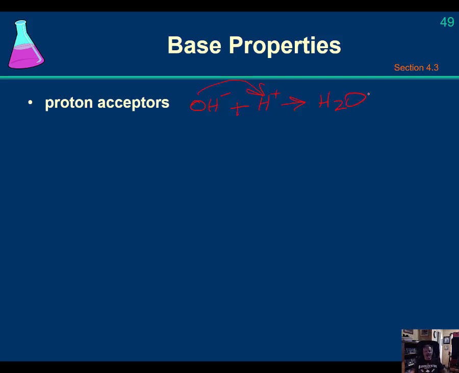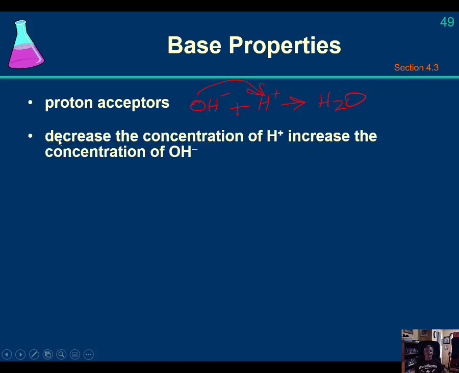It's the same reaction. It's just that now you're putting hydroxide into solution to react with the hydrogen ion. Proton acceptors decrease the concentration of hydrogen ion by increasing the concentration of hydroxide ion and reacting with hydrogen ion to form water. They have a bitter taste.